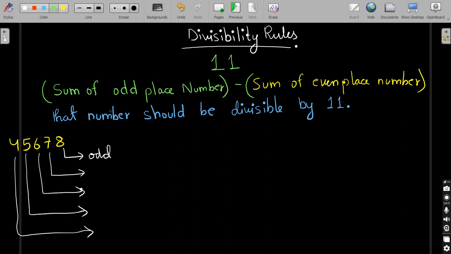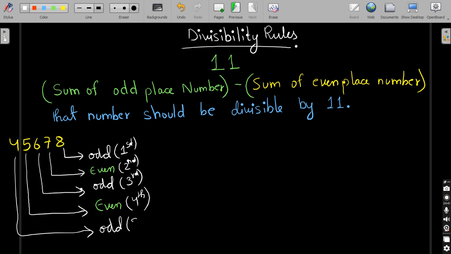So let me allocate odd, and this position is even, again odd, the next position even, and again the next position odd. I'm just taking a random example. Already I told you this is my first, this is second, third, fourth, and this is my fifth place.